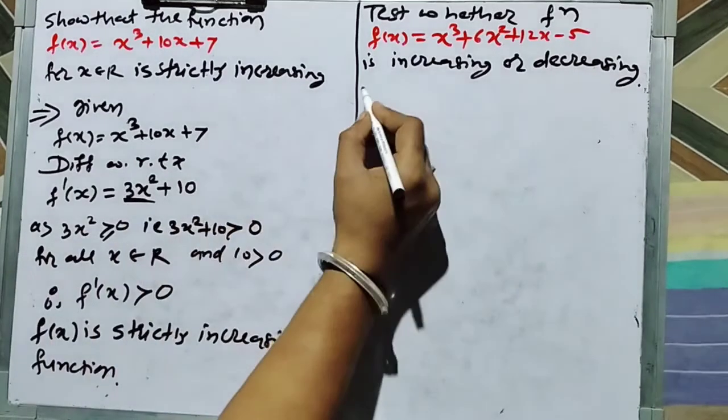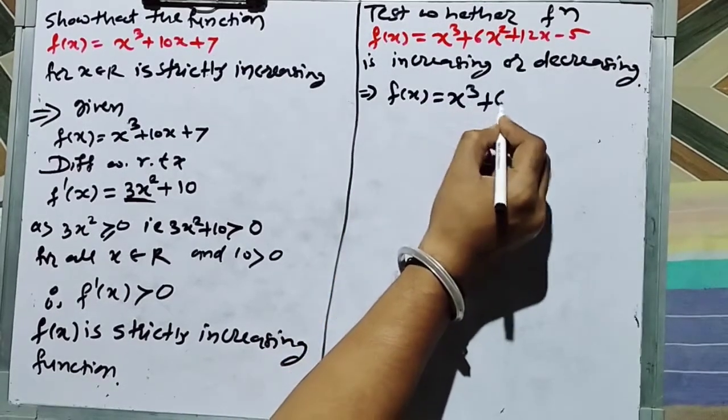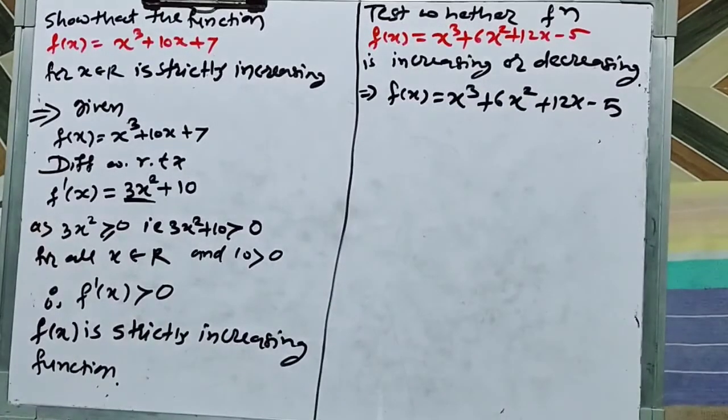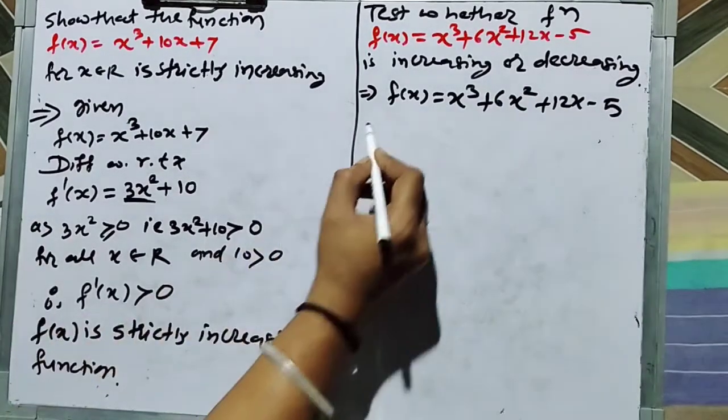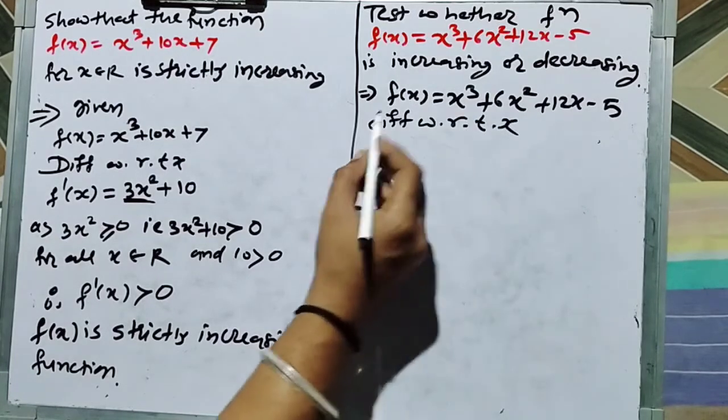Now here, given f(x) = x cube plus 6x square plus 12x minus 5, we differentiate with respect to x.